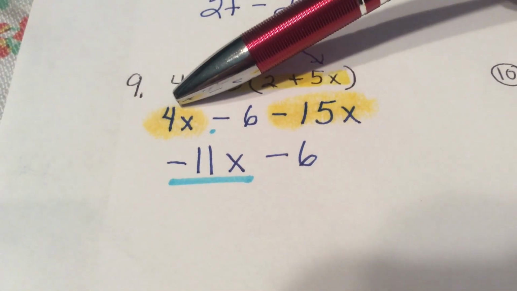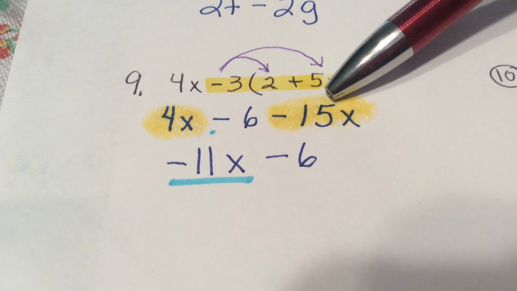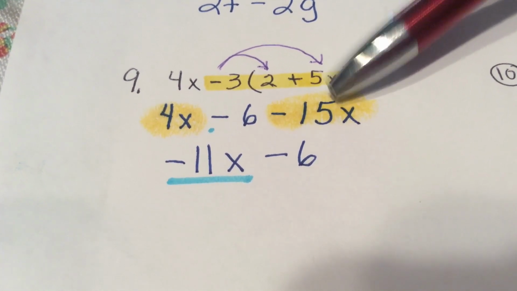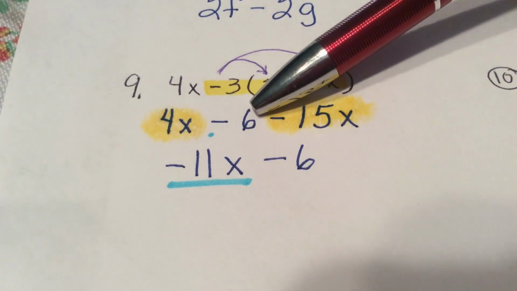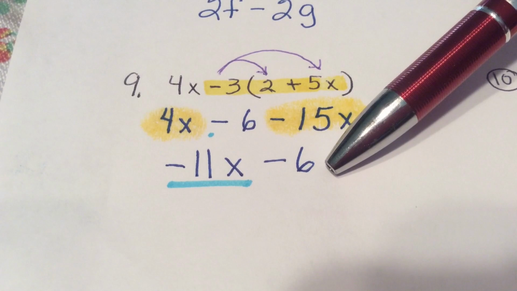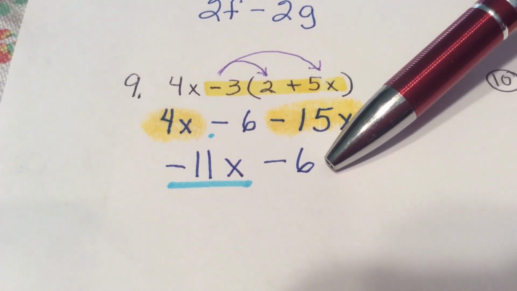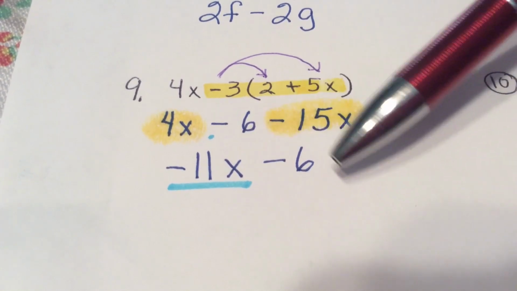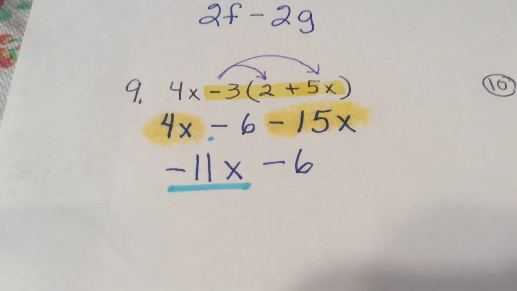To put this into your calculator, you will put in 4 minus 15. When you do that, you get a negative 11x. Now, we have a minus 6. So our answer is a negative 11x minus 6. We cannot do any more arithmetic to this because this has an x, this does not. They are not like terms.